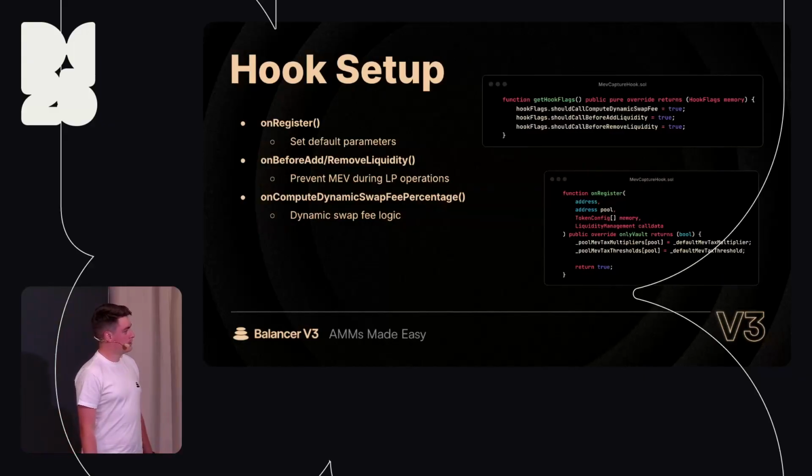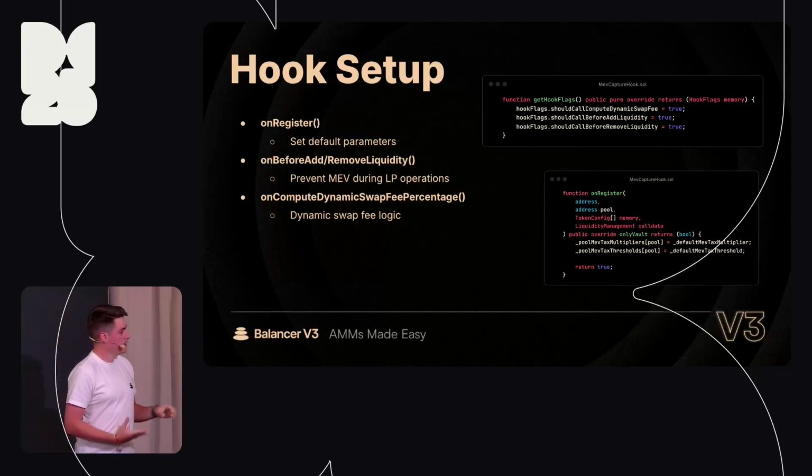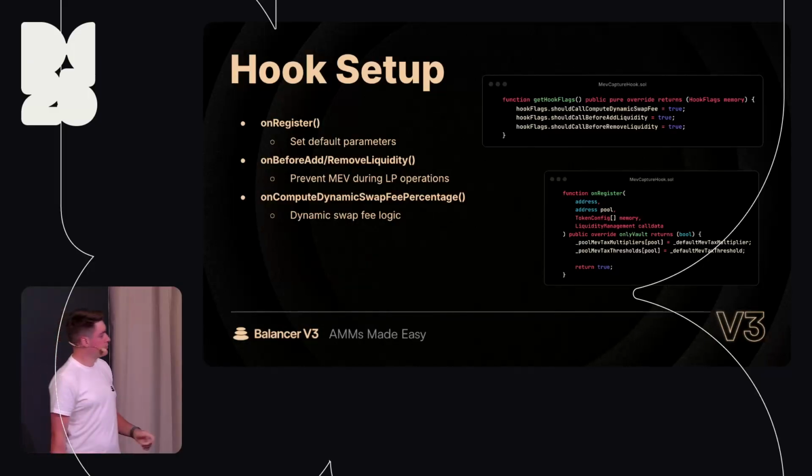This is what the hook setup looks like. So we have on register, on before add and remove liquidity, and you have on compute dynamic swap fee. As John showed us, we have the get hook flags, which defines exactly what I said.